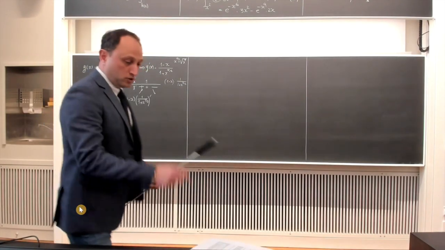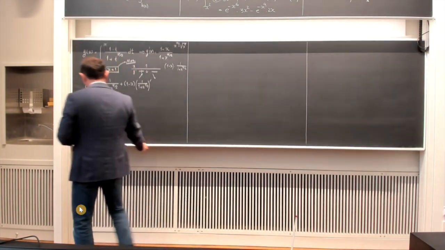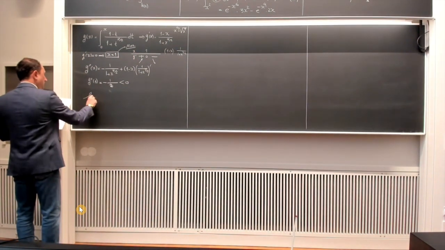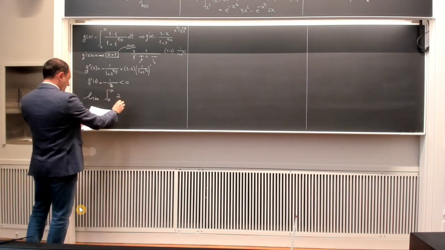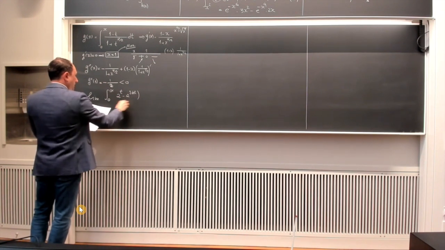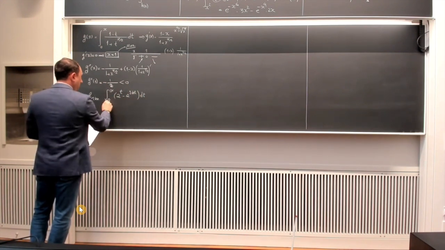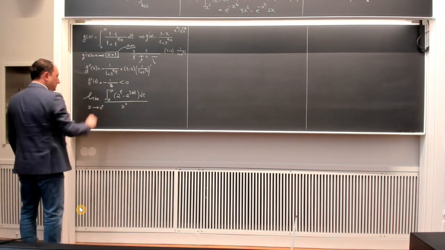Okay, so what we do is this. The limit of the integral from 0 to x of 2 to the power t minus 2 to the power sine t, the whole thing dt, and then divided by x squared, x goes to 0 from the right.